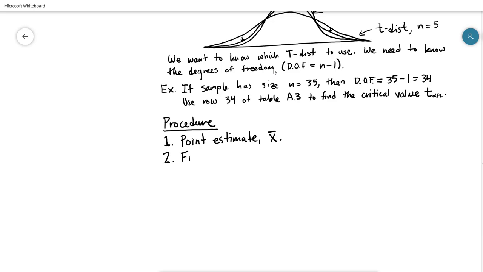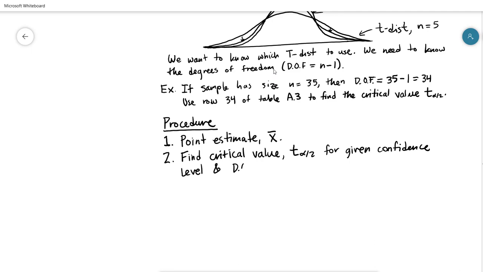And we just mentioned how we're going to do that. That critical value is going to be t sub alpha over 2, and it depends on the given confidence level, for example, 95% confidence, 99% confidence, etc., and degrees of freedom, which is just, again, one less than our sample size.